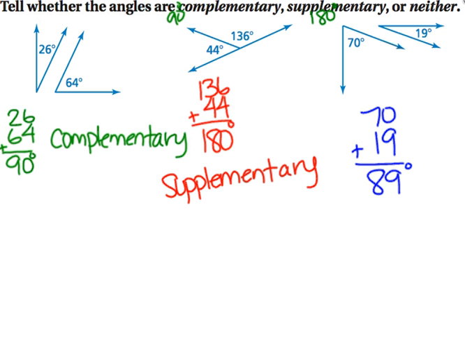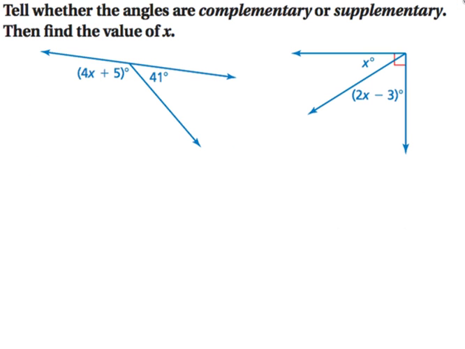And that is not either of those, so I would write down neither. One quick distinction, sometimes having this gap in between throws people off. Even though they're not adjacent to each other, they can still be complementary. So it doesn't necessarily have to touch like that to be one or the other.